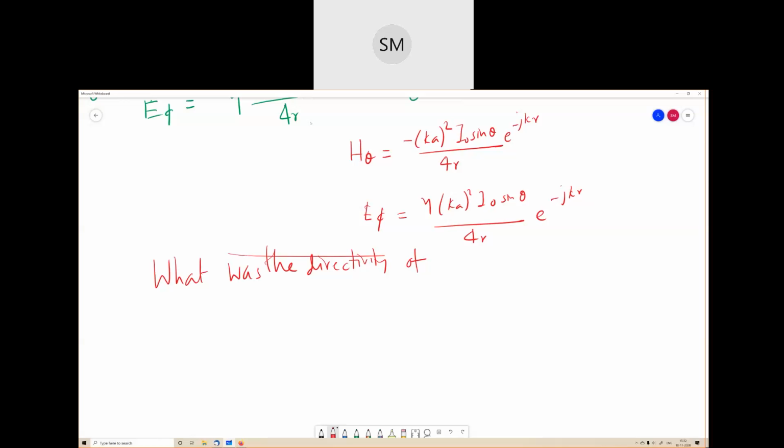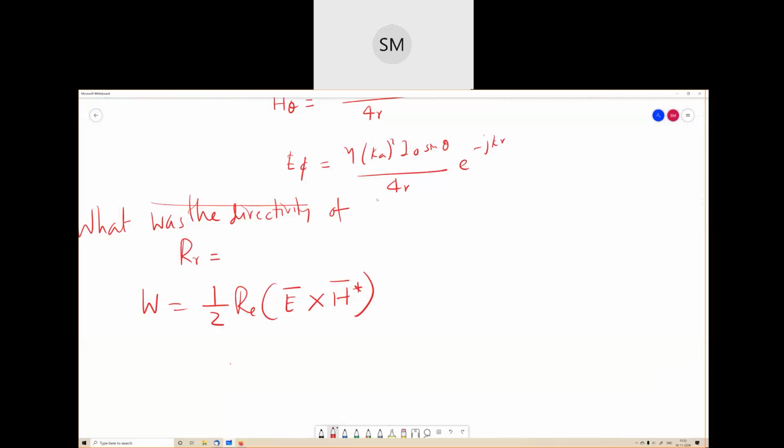Okay. What is R_r, the radiation resistance? Just trying to find this out. This will be W, which is half of the real part of E cross H star. Okay.